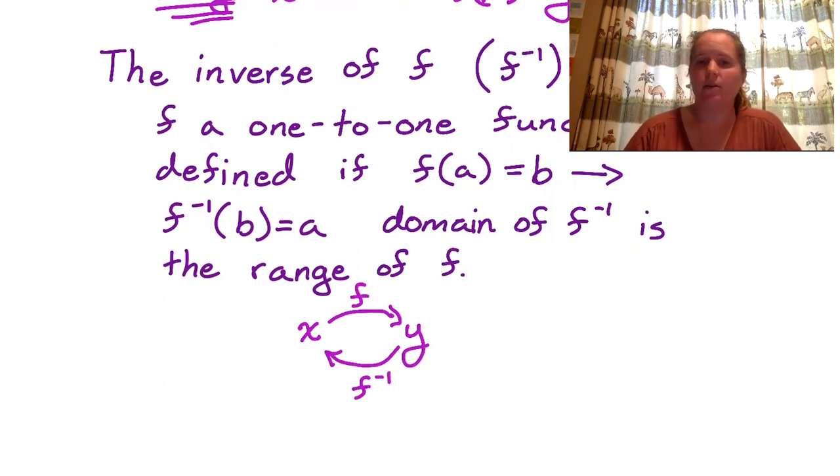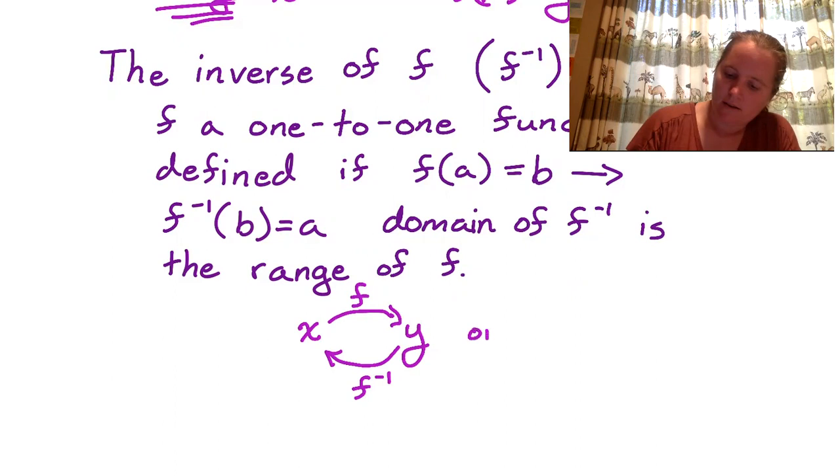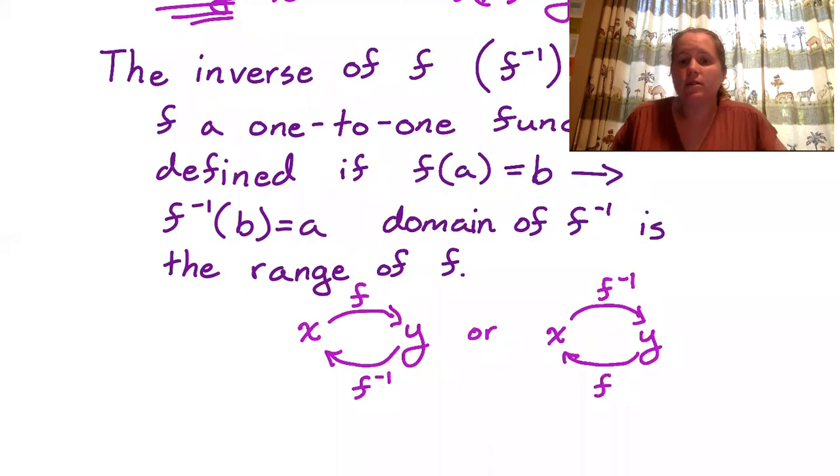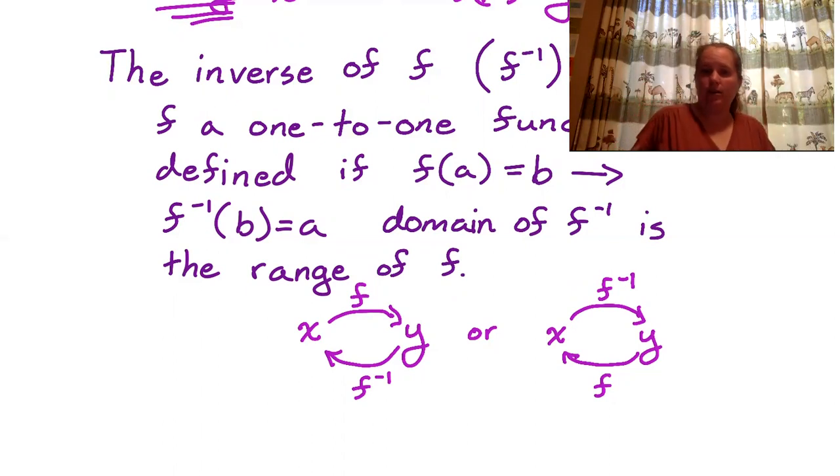But we could also define our x's and y's the opposite way. If instead we use f inverse as our main function, f inverse would send x to y, and f would send y back to x. So f inverse and f are inverses of each other. We can think of either one as the one starting with x.